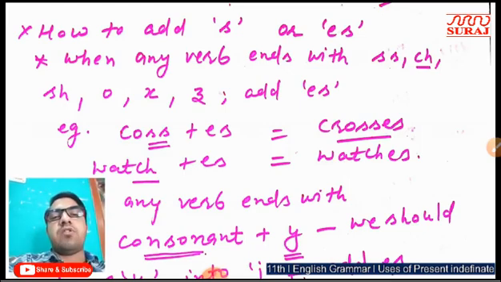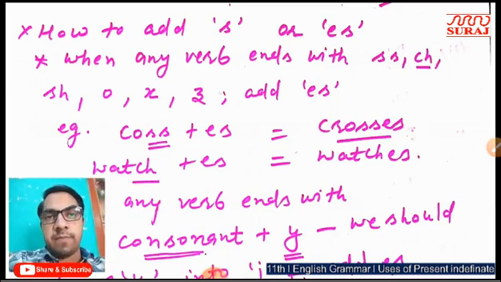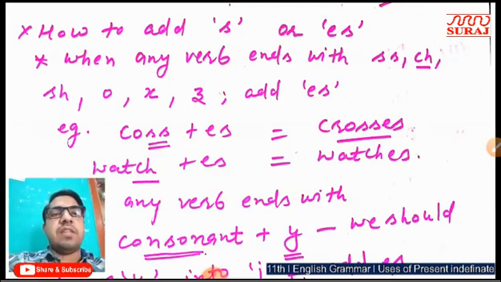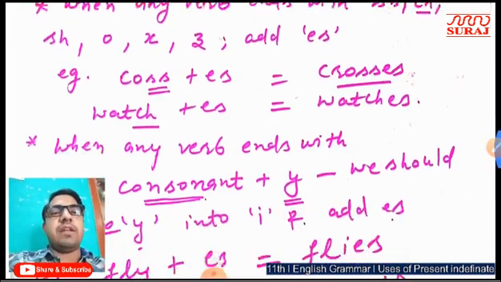After that I taught you about kinds of tenses, and after that I taught you about the structure of present indefinite tense, and after that how to add s or es. When any verb ends with double s, ch, sh, o, x, z, in that case we should add es.